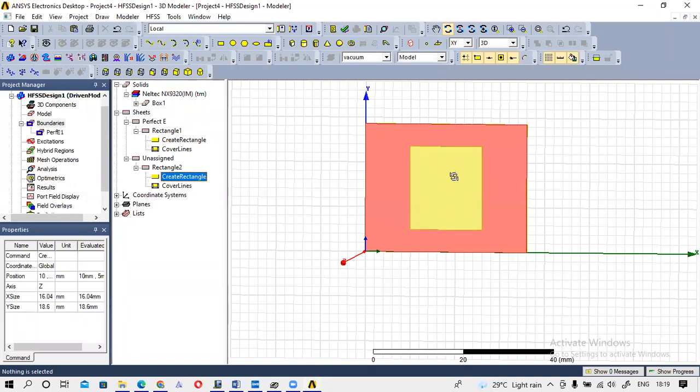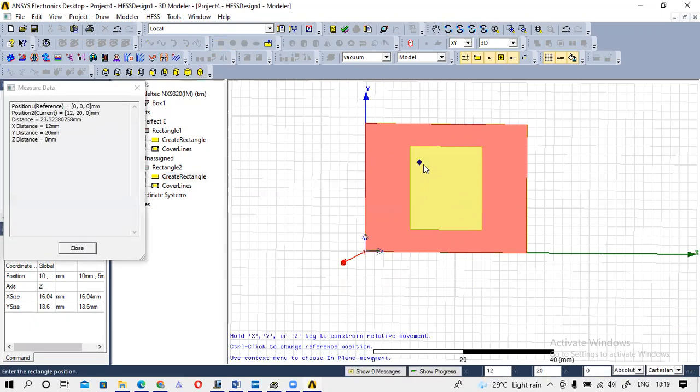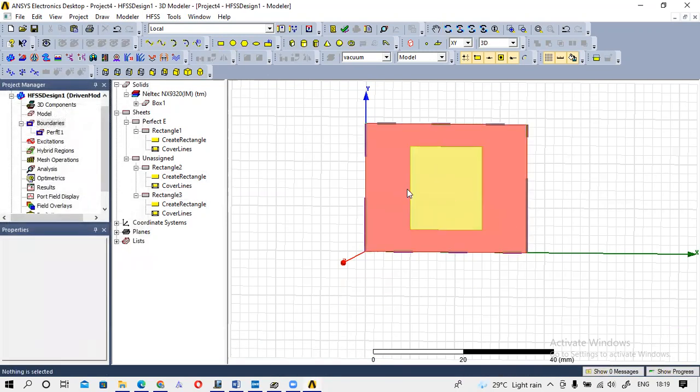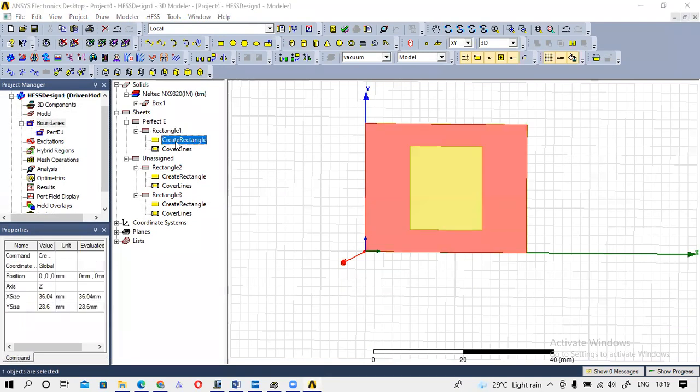I will draw a rectangle here, another rectangle here, with this position. I think if I shift this one here and this one here, it will be easy. So I will shift this rectangle.